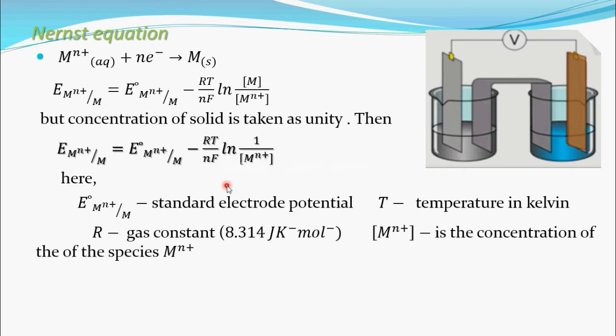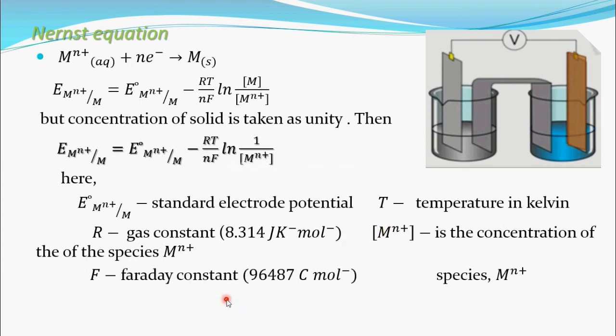You know that R is the gas constant, its value is 8.314 joule per Kelvin per mole, and this concentration of M to the power n plus is the concentration of the species M n plus. This square bracket indicates the concentration of M to the power n plus.